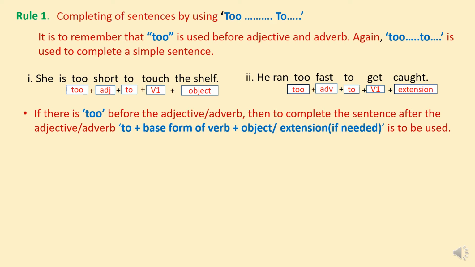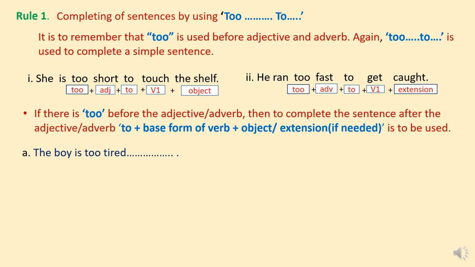Now, it will be clear to you if we look at some more examples which we will have in our exercise. The boy is too tired. Here you can see too plus tired, that is adjective, and after it there is a gap, that means the sentence is incomplete and you have to fill up the blank and complete the sentence.